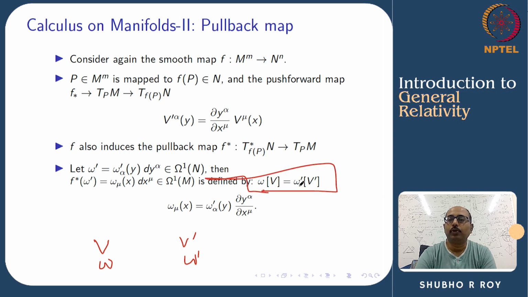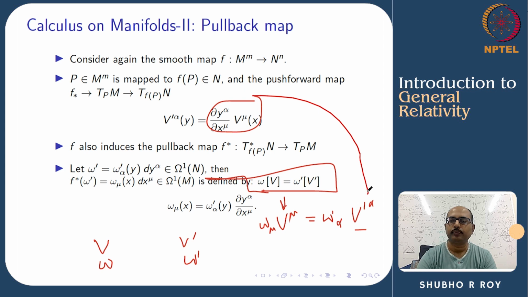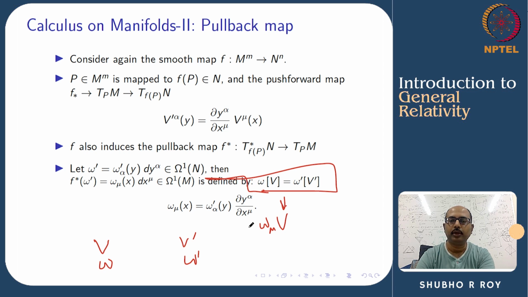Omega of v should be equal to omega prime of v prime, and you can write this equation in coordinates. That is, omega of v would be nothing but omega_mu v^mu, and omega prime of v prime is simply omega prime sub alpha with v prime superscript alpha, and then v prime alpha you can just plug in right inside here. And then from equating both sides, it is obvious that what you will get is this rule.